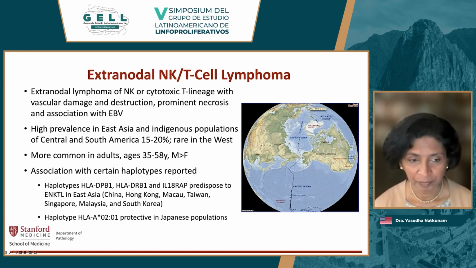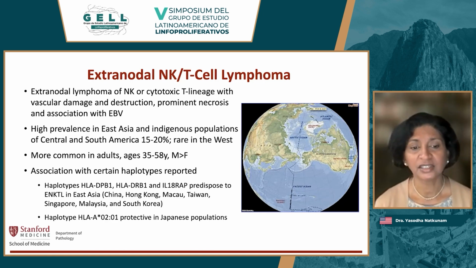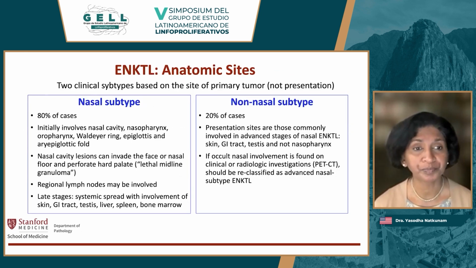This lymphoma most commonly affects adults between ages 35 and 58 with a male predominance. It is also known to be associated with certain haplotypes that are higher in the populations where this lymphoma is more prevalent, and those are shown here.